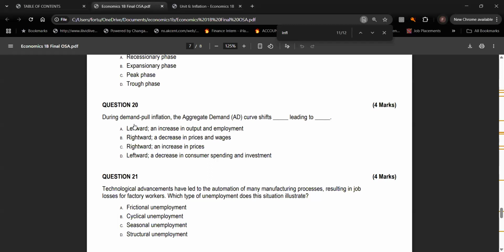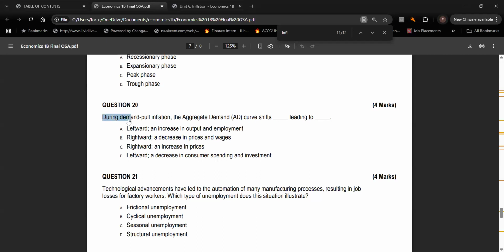A, leftward, an increase in output and employment. B, rightward, an increase in prices and wages. C, rightward, an increase in prices. Then D, leftward, a decrease in consumer spending and investments.